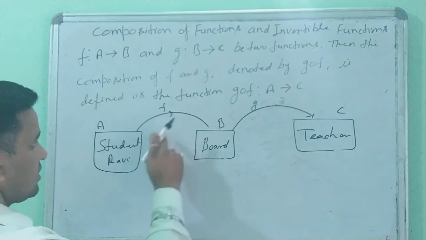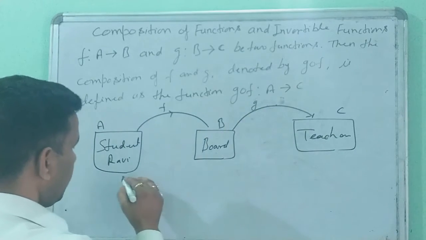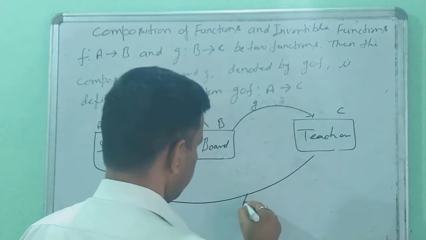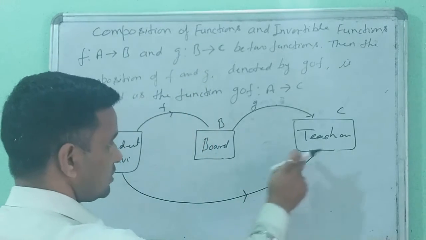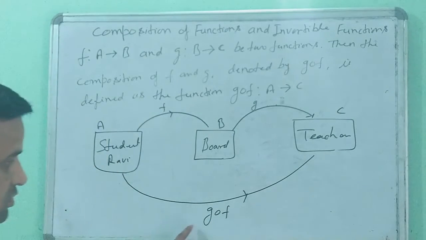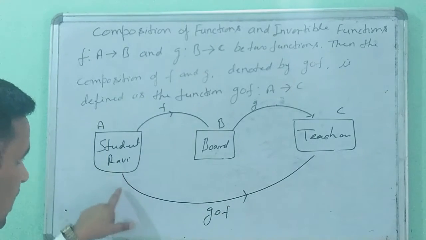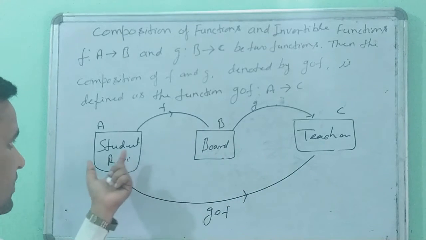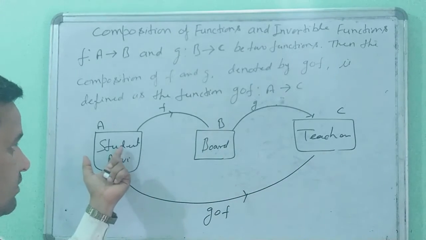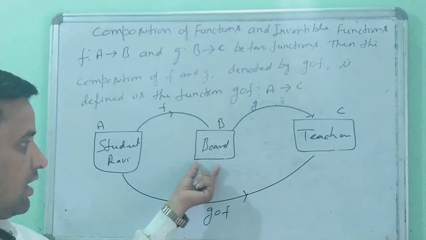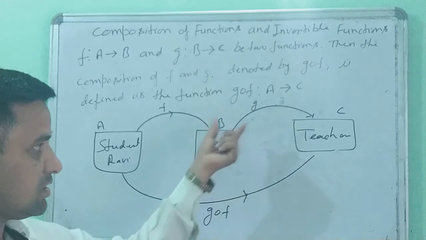This process is called the composition of functions. But the direct relation from student to teacher is called gof. Student to teacher, a direct relation. Suppose the student gives the exam, then the board changes your name and number, and gives it to the teachers.